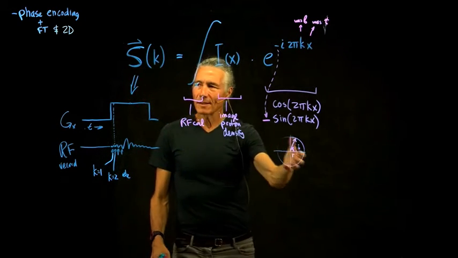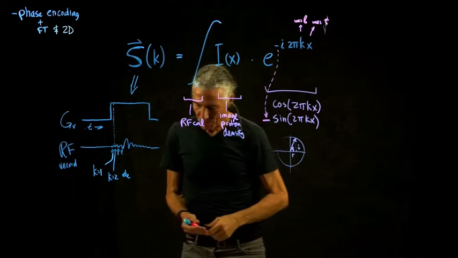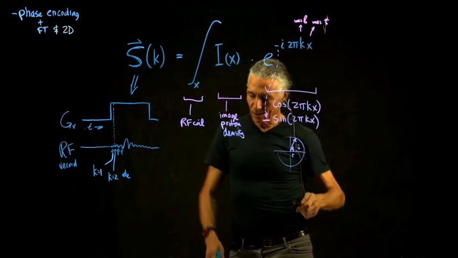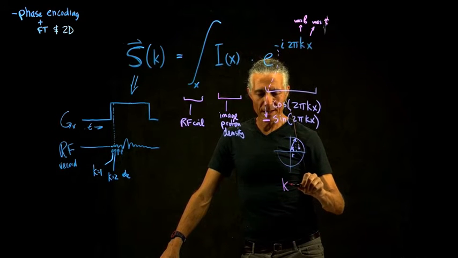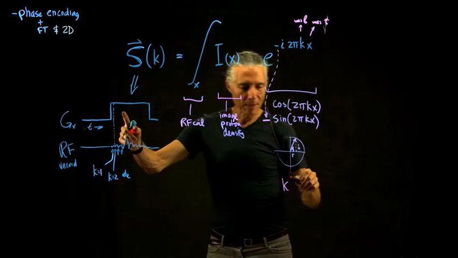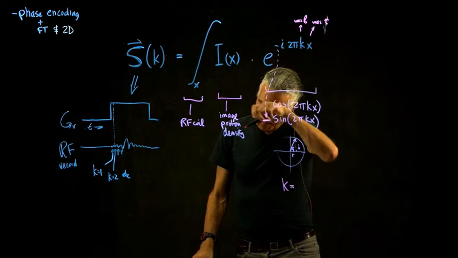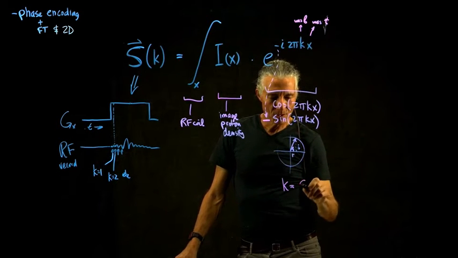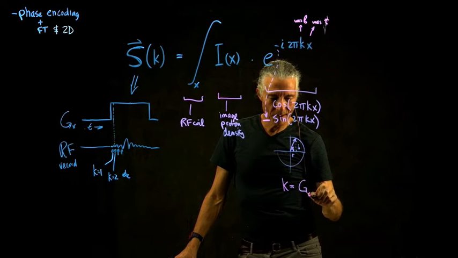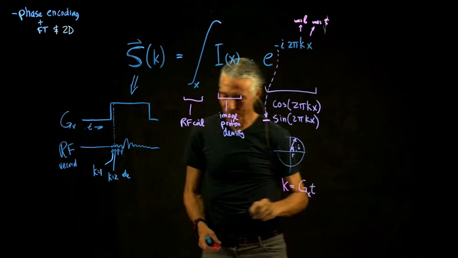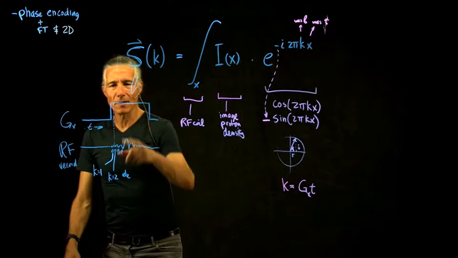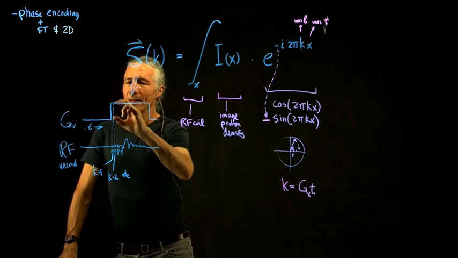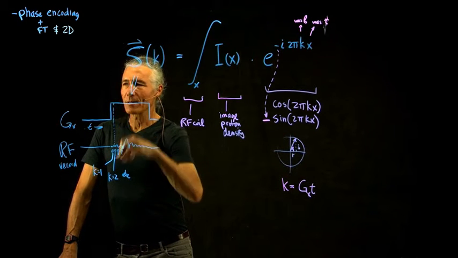And what causes that? This is what the gradients do. The spatial frequency that you get is basically just equal to the strength of the x gradient times time. And why is that? Well, if you have the gradient on for some amount of time, you get a certain spatial frequency.